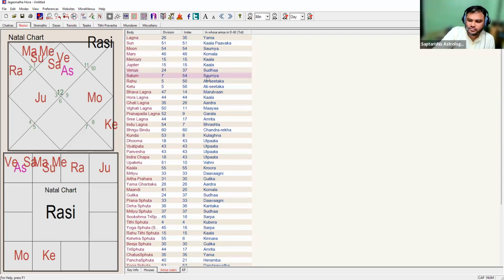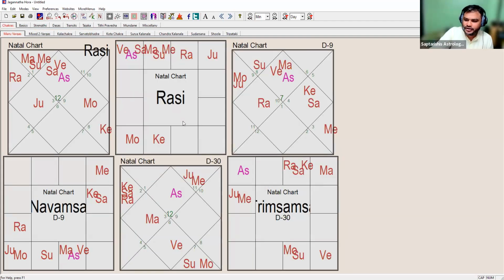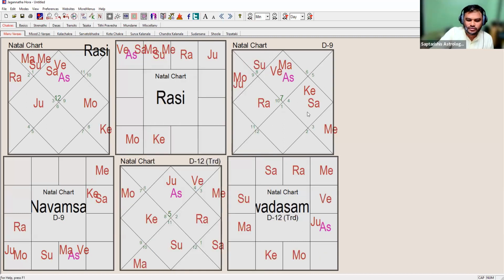Saturn, again Shubha Hamsha. राहु अति शीतक. The thing is the prime planets which we see from D1, D6, D30, even in D12 we can check.